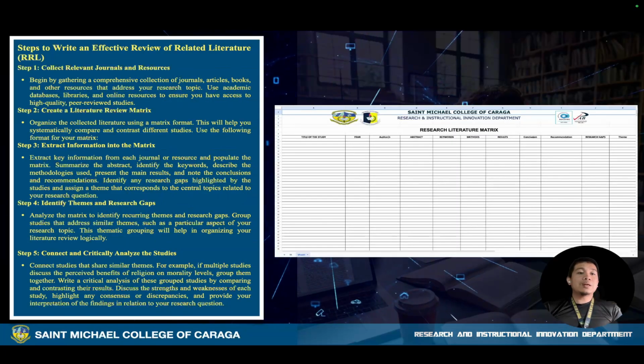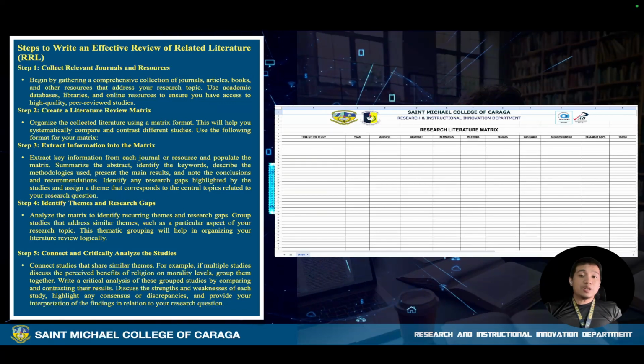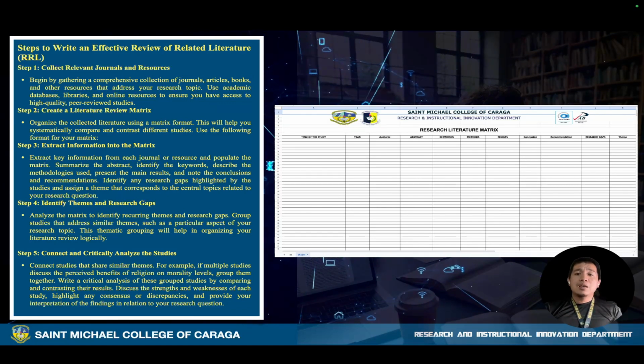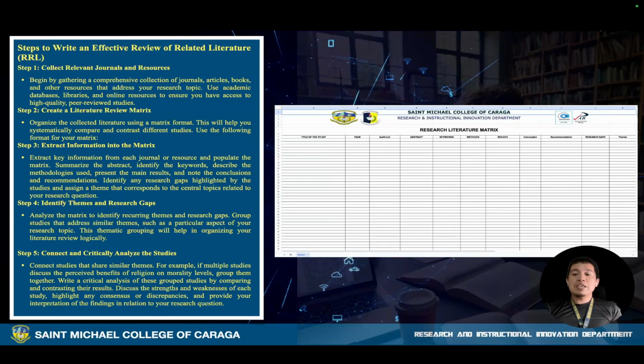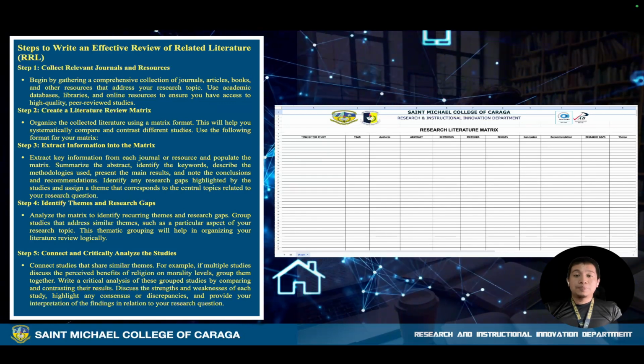We also need to look at the steps on how to write an effective review of related literature. In the example that we have here, you will notice that the research literature matrix is something you need to fill out first before writing the review of related literature.